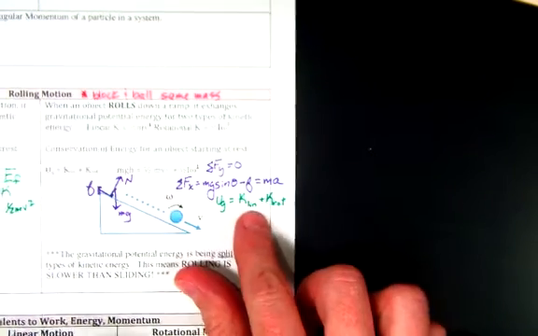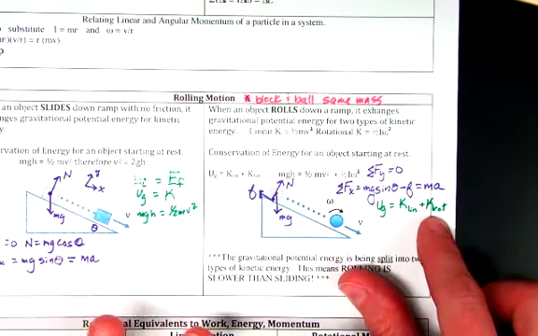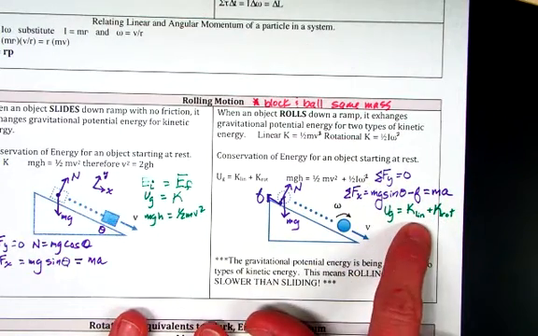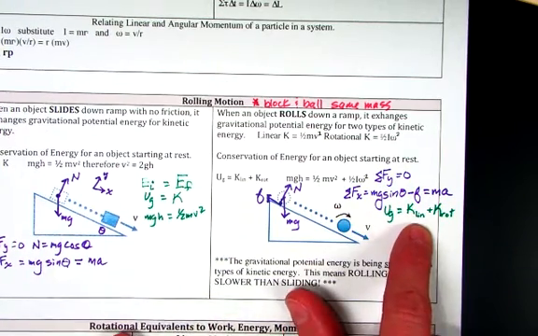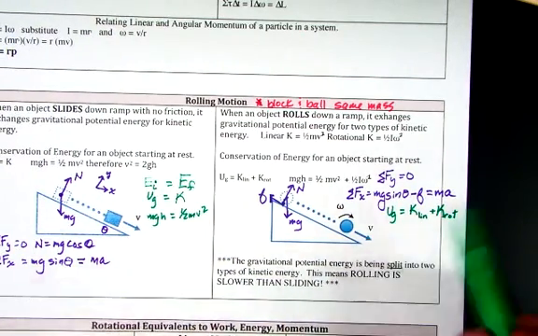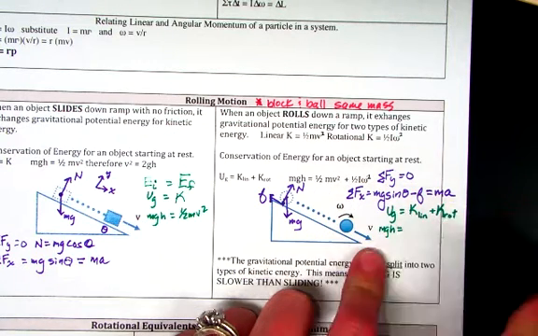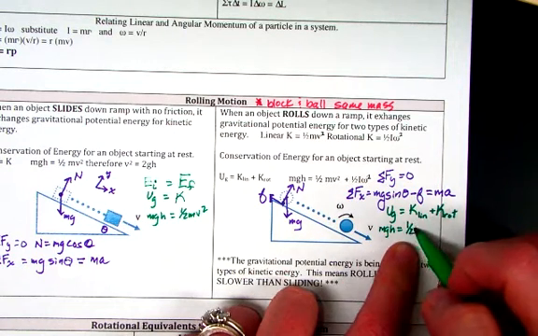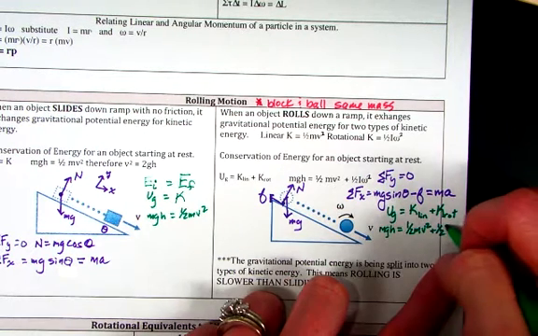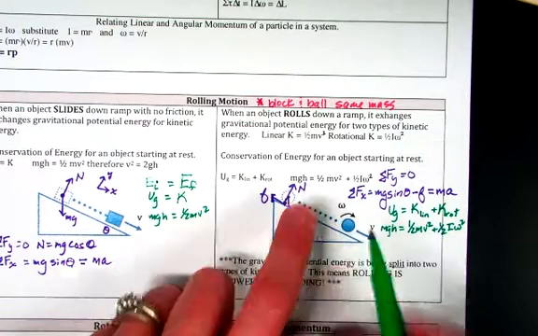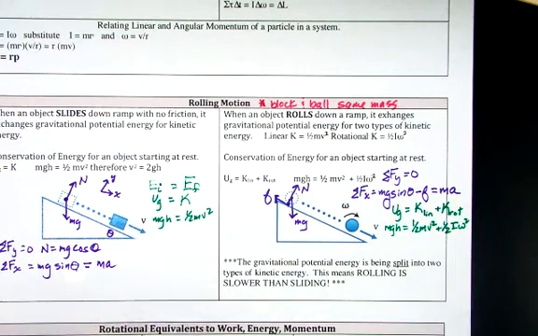A lot of times I won't even label the linear one, and I'll just label the rotational one. Sometimes you might see me label this K with TRAN for translational. Linear and translational are the same thing. So I have mgh, that's what I start with, equals 1/2 mv squared plus 1/2 I omega squared. So that's this right here. It is written, but I'm also showing it in green for visual purposes.